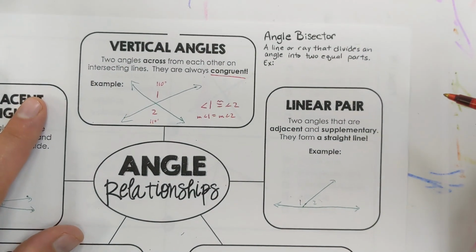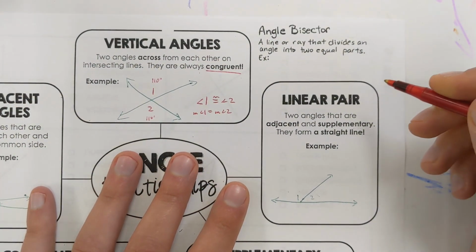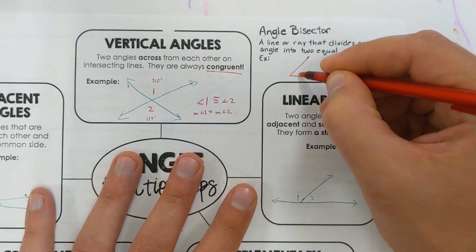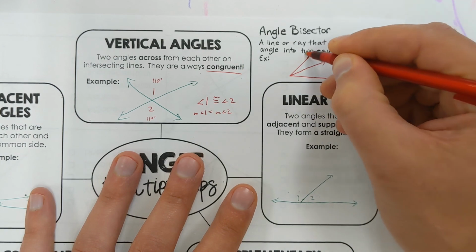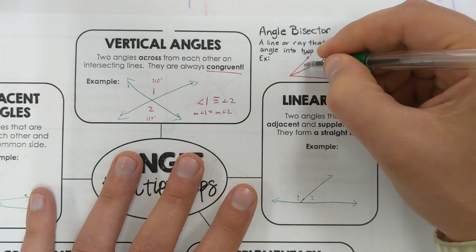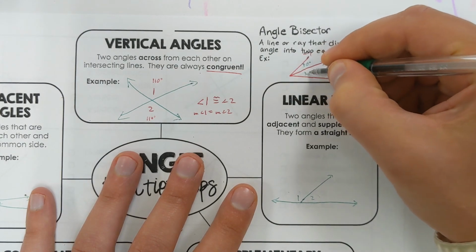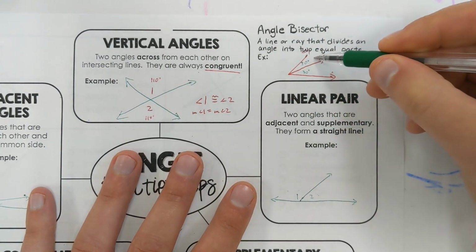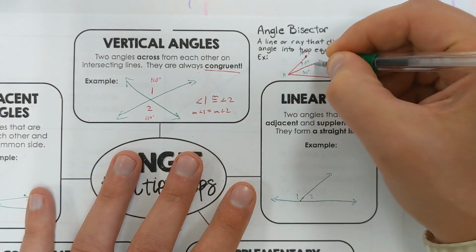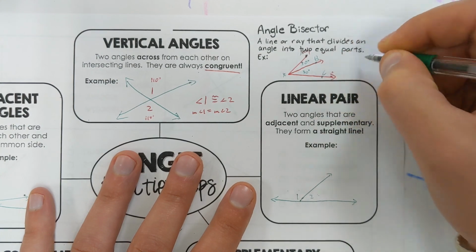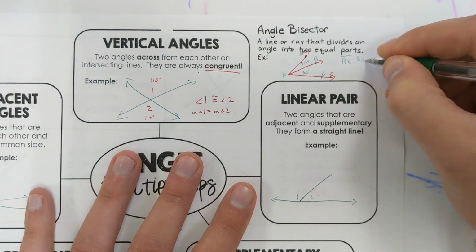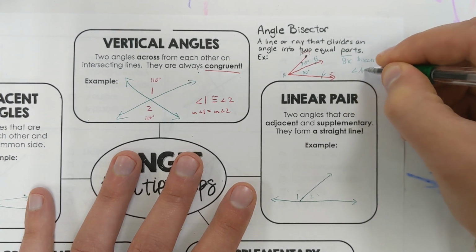And then the last one over here, angle bisector. Well, we've already talked about this one. If I've got this right here, and these two angles are equal, like this was 30 degrees and this was 30 degrees, then BX bisects angle AXC.